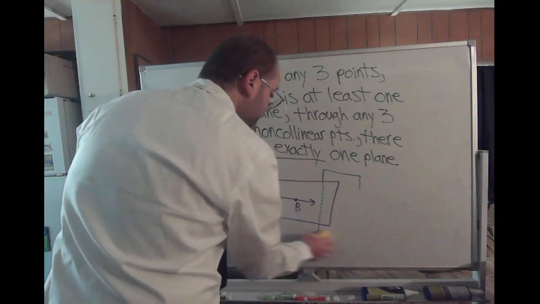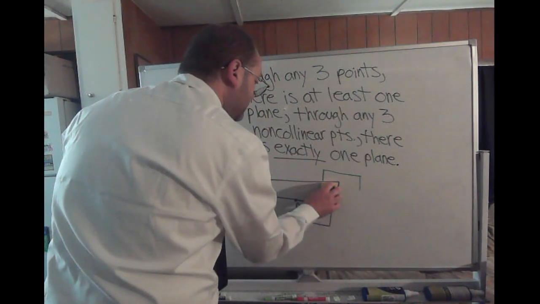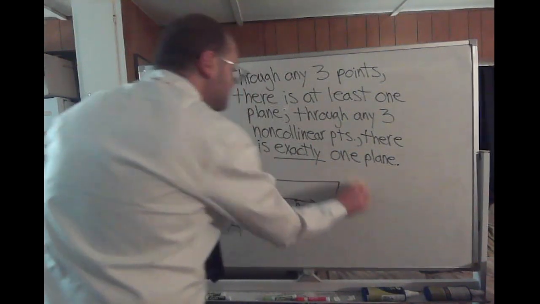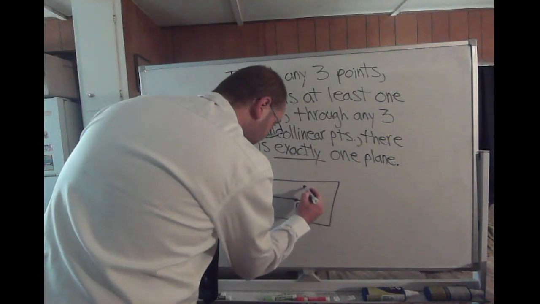Now, let's get rid of this plane. Let's go on to the other part of the postulate here that we want to talk about. The other part of the postulate is through any 3 non-collinear points, there is exactly one plane.